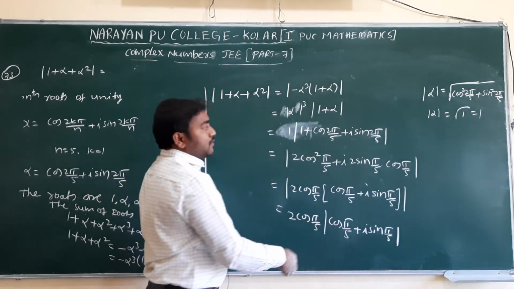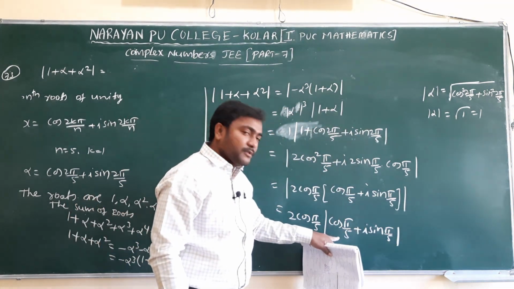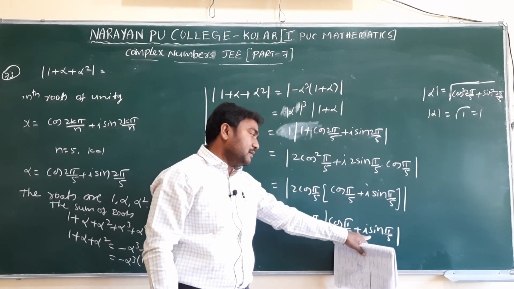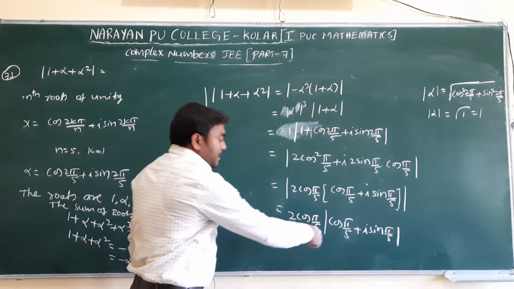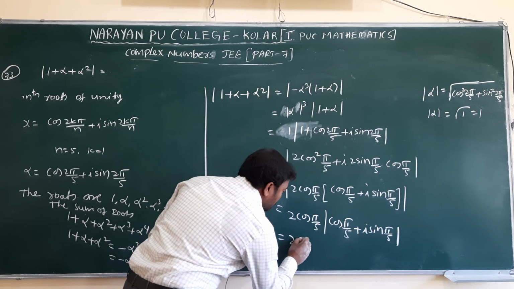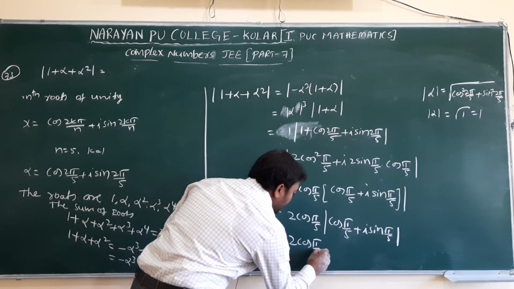Now this value becomes 1, because the modulus, square root of cos square pi by 5 plus sin square pi by 5, is 1. Remaining 2 cos pi by 5 into 1.